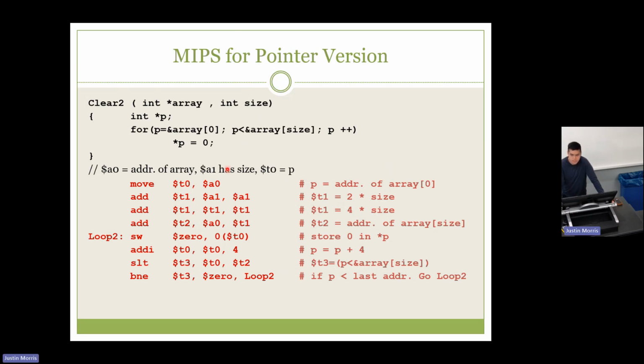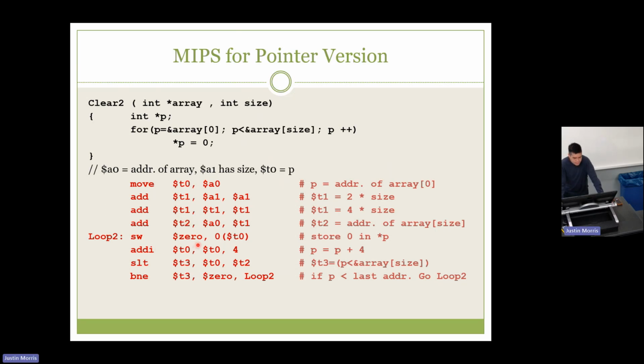Because we have the number of elements, but we need to multiply it by 4 to get the total size in terms of address space. Then we add the total size in address space to the base address. And now T2 is the end of the array, or more specifically, it points to the next address in memory that is not the array.